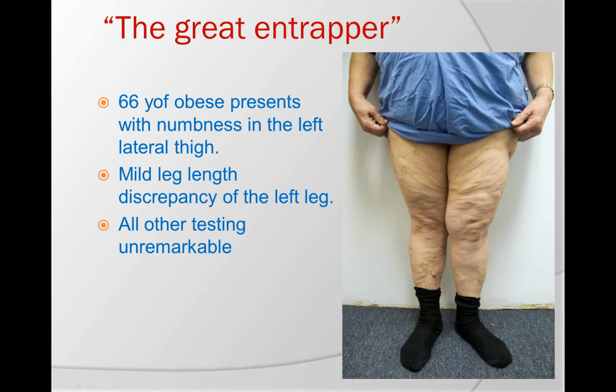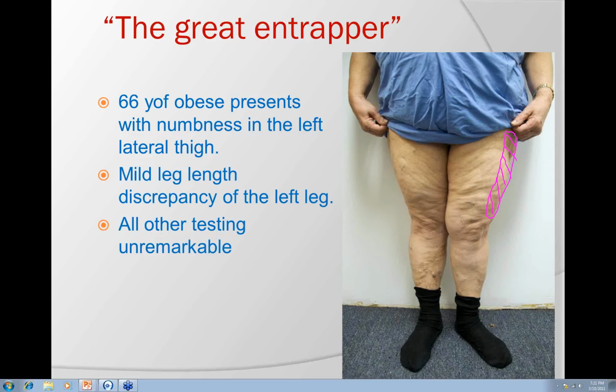If I try to draw the area of numbness, there you go, this is the area of numbness in the left lateral thigh. I also want you to notice that there is a leg length discrepancy of the left leg, and all other testing is unremarkable.